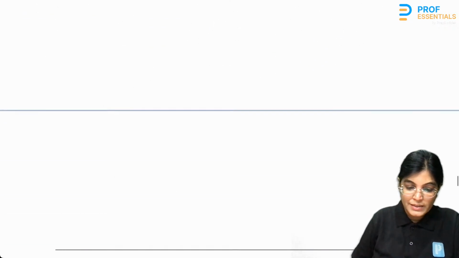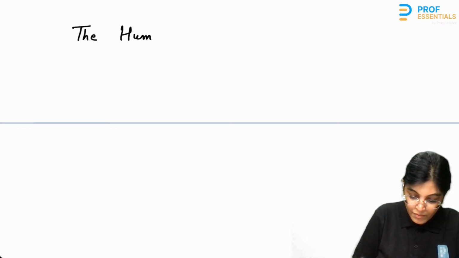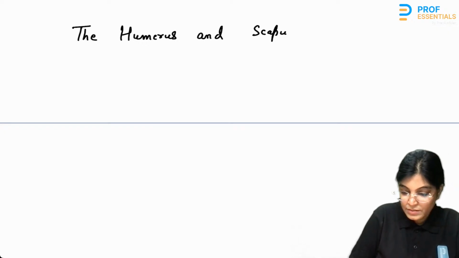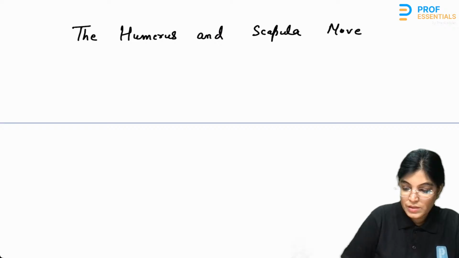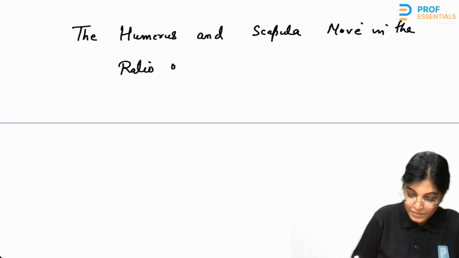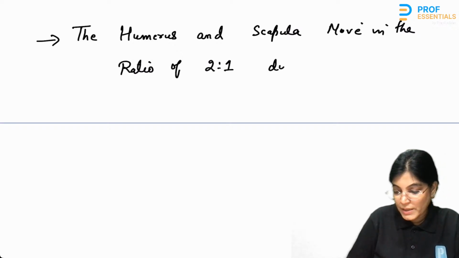In simple terms, you can write: the humerus and scapula move in the ratio of 2 to 1 during abduction movement.